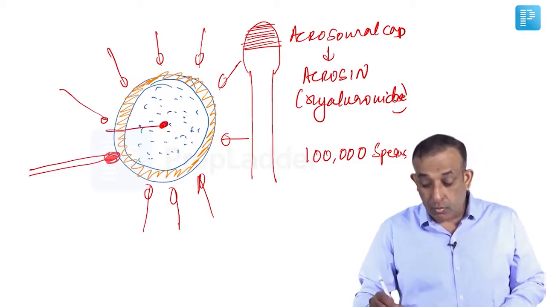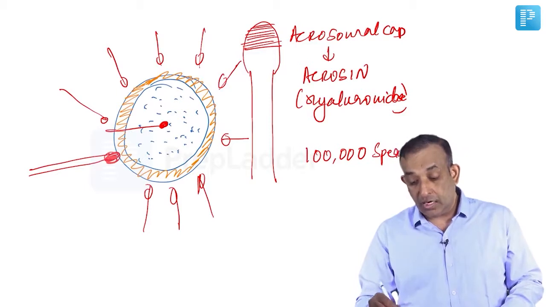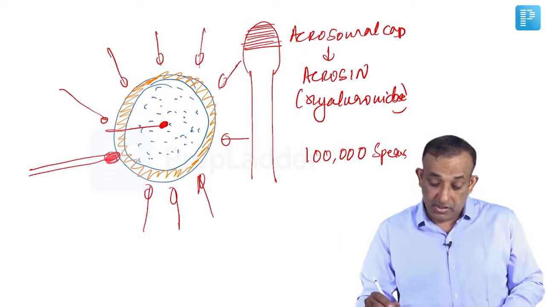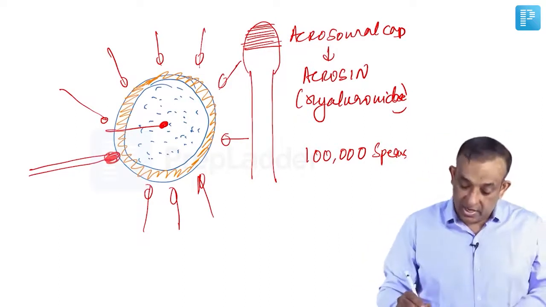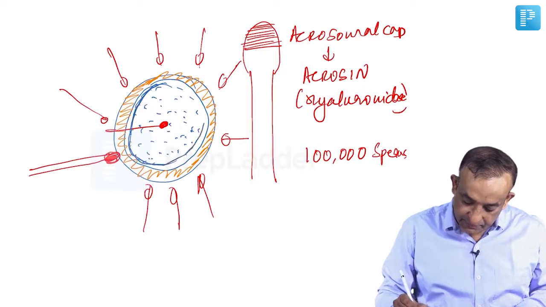inside. Now, when one sperm gets inside, how does the oocyte decide not to allow any more sperms to come inside the oocyte anymore? So now the oocyte will release a lot of cortical granules in the perivitelline space, somewhere here. In the perivitelline space here, a lot of cortical granules are released.